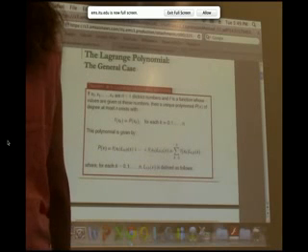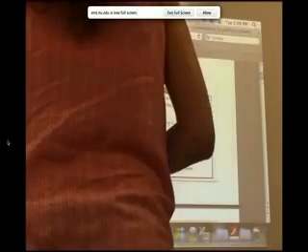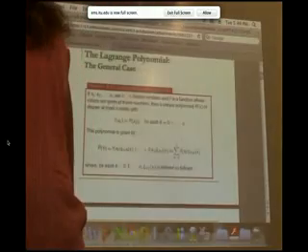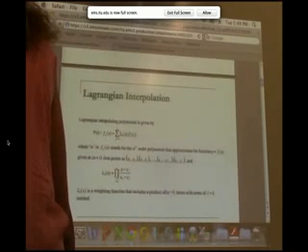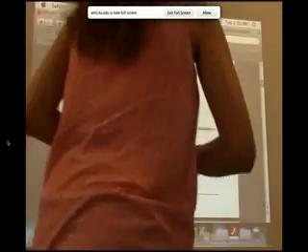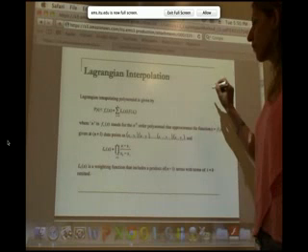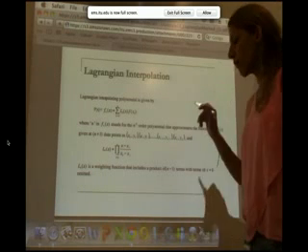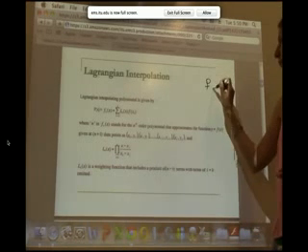For Lagrangian interpolation, the main thing is a little different. I'm trying to see if I can find it. As you may remember, depending on whether you are talking about linear, quadratic, cubic, and so on, we call it fn of x.